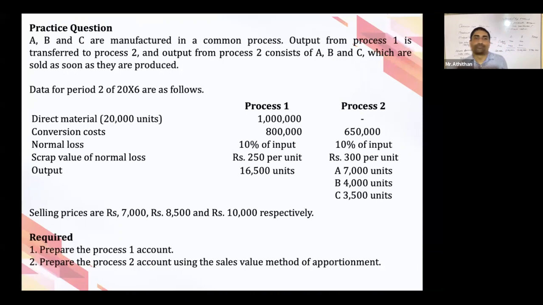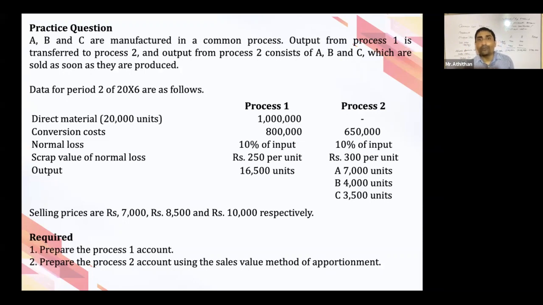Practice question. A, B, and C are manufactured in a common process. A, B, and C, 3 products. 3 உற்பத்திகள் காணப்படுகிறது. Output from process 1 is transferred to process 2. Process 1 ல இருக்கிற output process 2 க்கு transfer பண்ணப்படுகிறது.